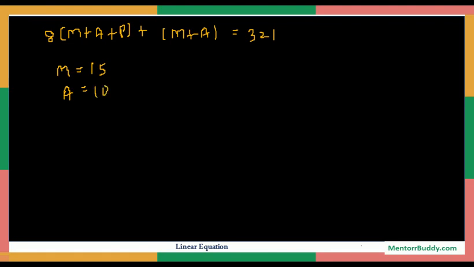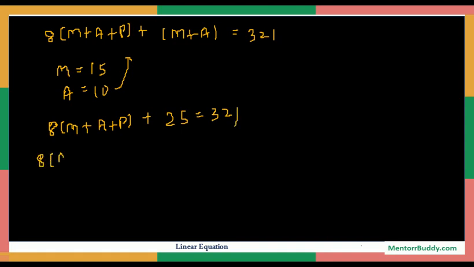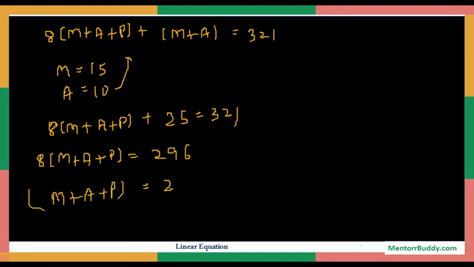Now putting these two values in this equation, it becomes 8 into (M plus A plus P) plus 10 plus 15, that is 25, equal to 321. Solving this further, 8 into (M plus A plus P) is equal to 321 minus 25, that is 296, and M plus A plus P is equal to 296 by 8.